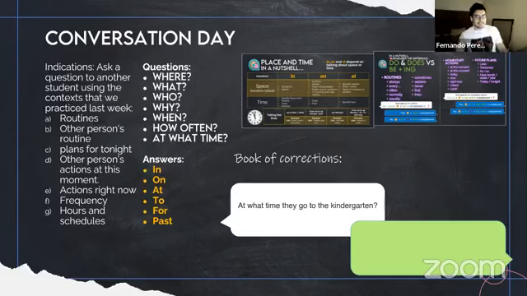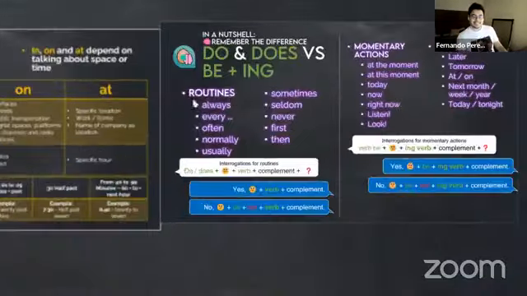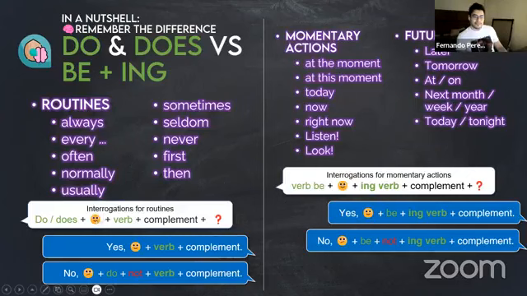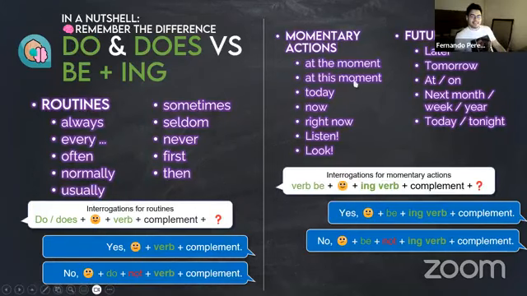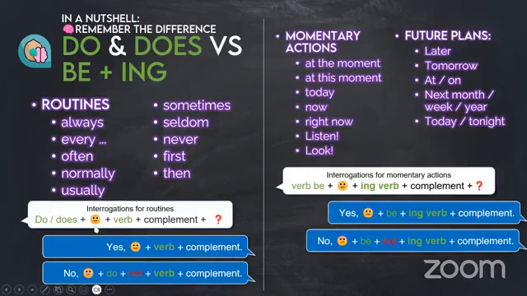Okay, this is excellent, but we need some important observation. Your formula is incomplete. Before the person, what do you need? Verb to be. Verb to be is for every day routines.